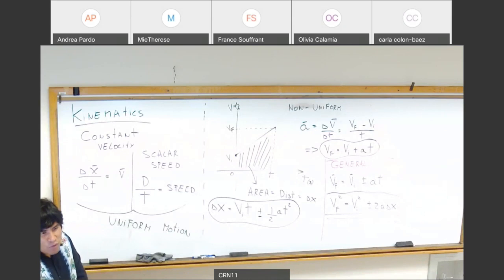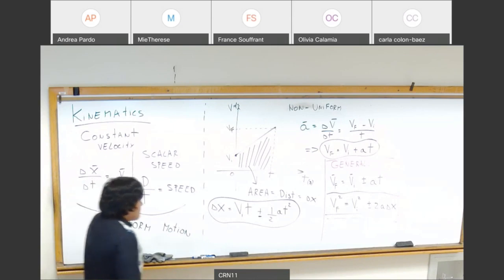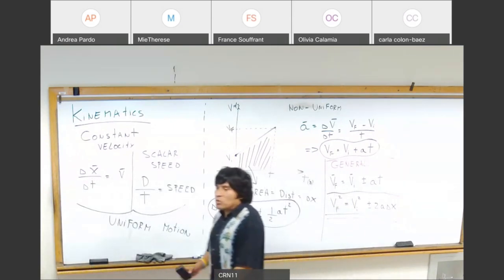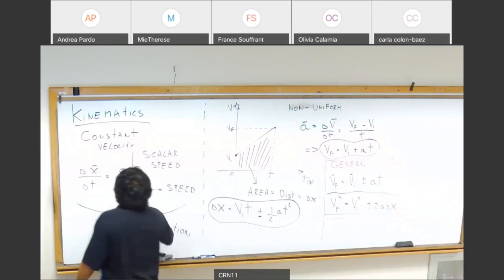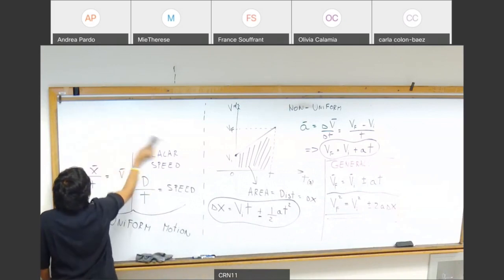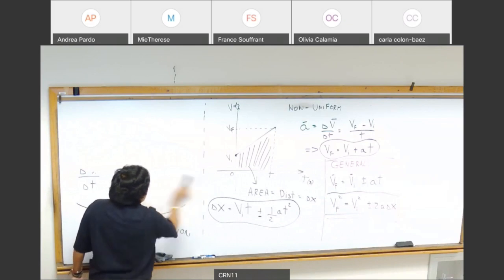Now we're going to do another exercise on change of units, and I'm going to give you a little factor to go from kilometers per hour to meters per second. Let's do a few first, and then we're going to do a couple of exercises. And I think we can probably start introducing chapter 2 to finish that class.